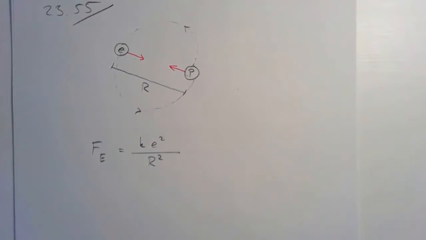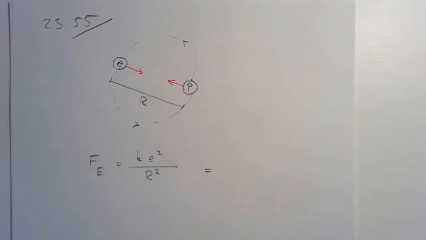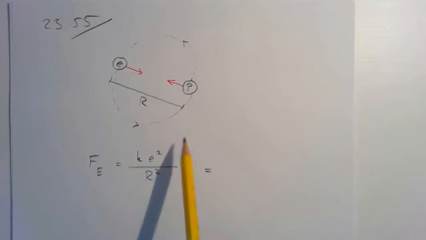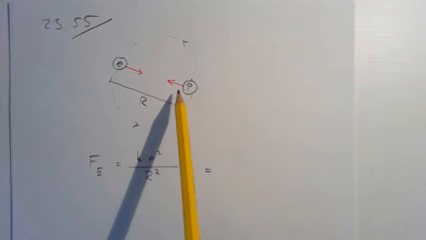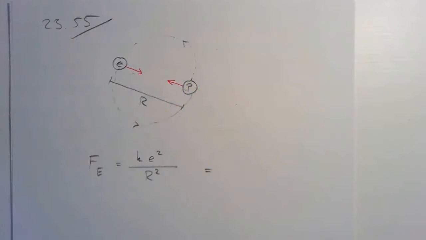But then that better be equal to the force needed to keep them going in a circle. That means this force acts as the centripetal force. Remember, the centripetal force in circular motion is the force that stops something from just going in a straight line. It's the force that always points inward, always turns it, but never speeds it up or slows it down. This force is not a force that's there in addition to other forces.